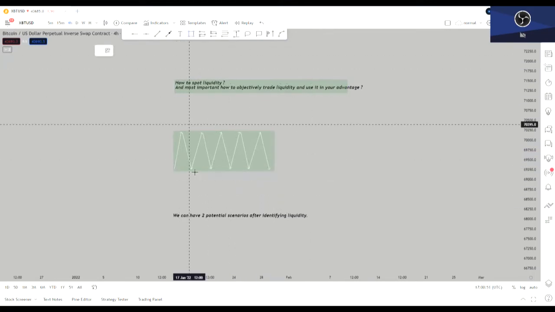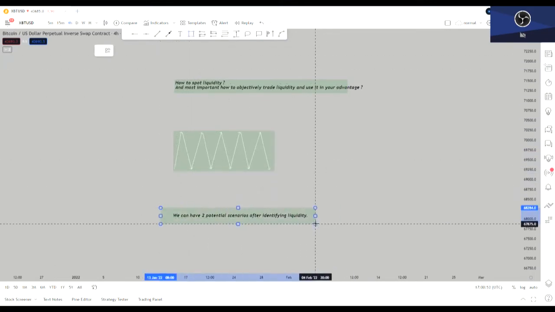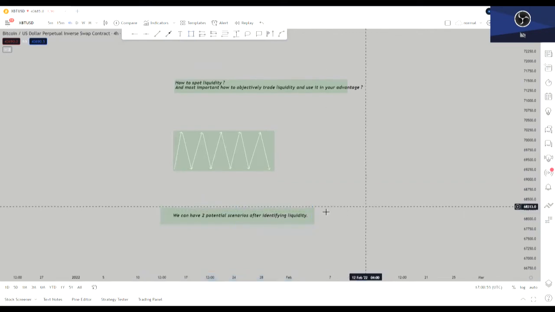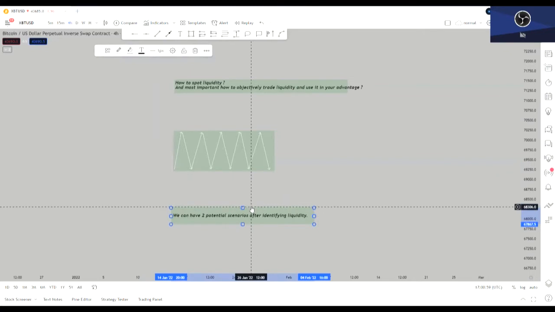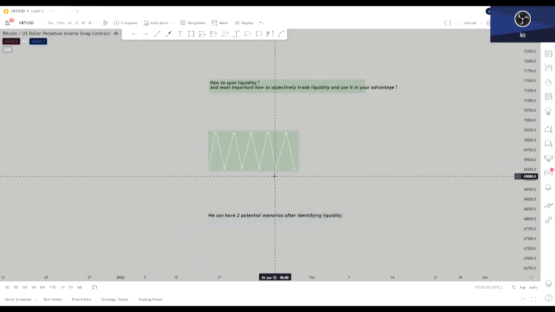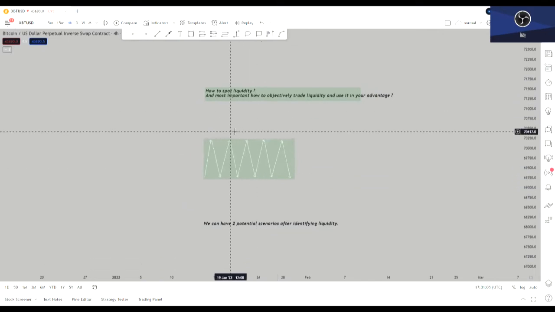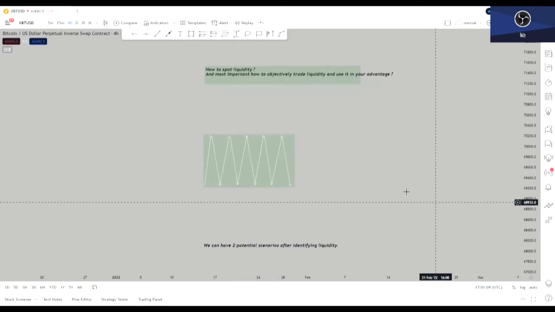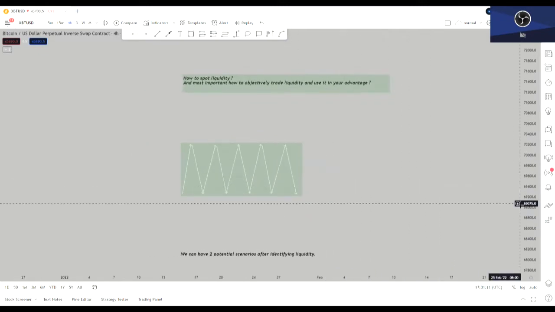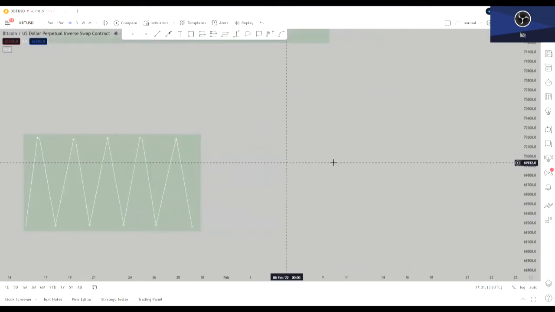Like said here, there are two potential scenarios that we can see once we have spotted liquidity. Once we have spotted price accumulating in a tight range, we know there may be orders sitting above and orders sitting below. Let us make it simpler and not overcomplicate it.